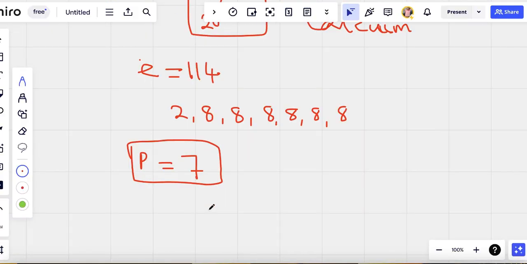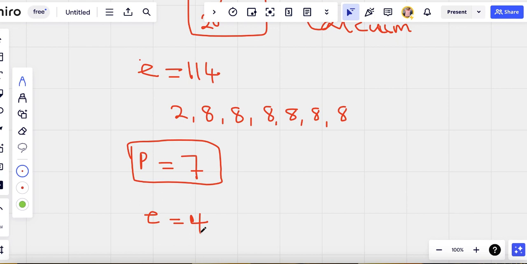Why is that so? If the outermost shell electrons will be 4, that means it is in group 4, right?